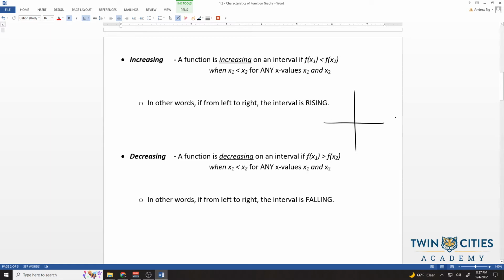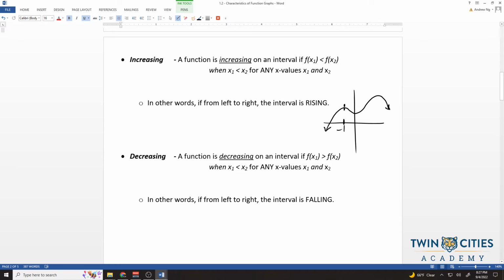Let's say I've got the following graph. Okay, so I would say from negative infinity to whatever this is, let's say that's negative 1, I would be increasing.